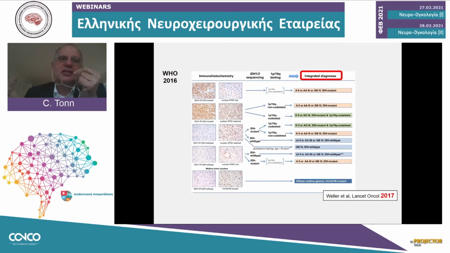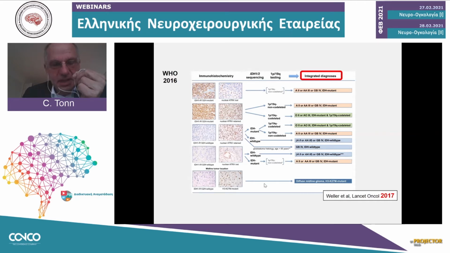So in other words, you do the IDH1 mutation analysis first, and if the tumor has an IDH1 mutation, then you go for co-deletion testing. And that resulted in astrocytomas, oligodendrogliomas, and then, at that time, astrocytomas IDH1 wild type or glioblastoma.